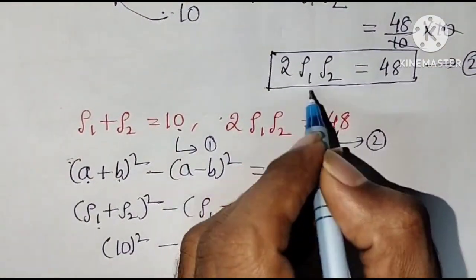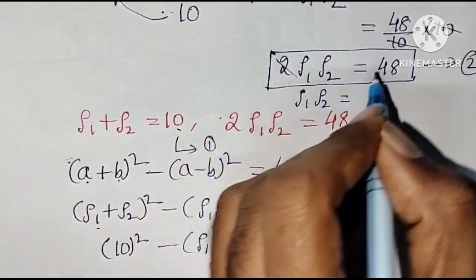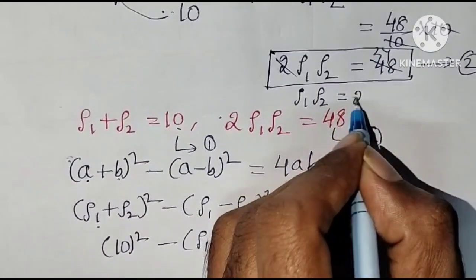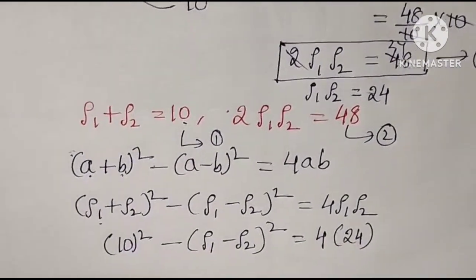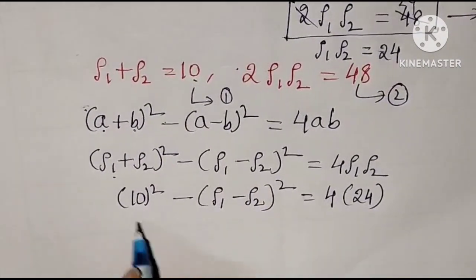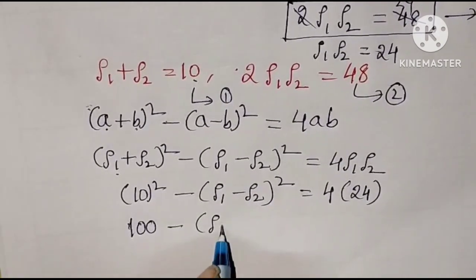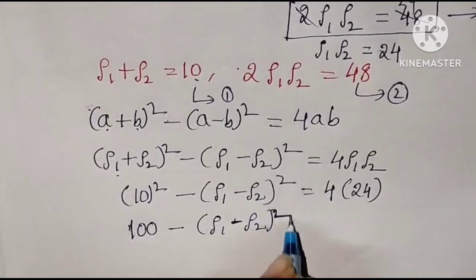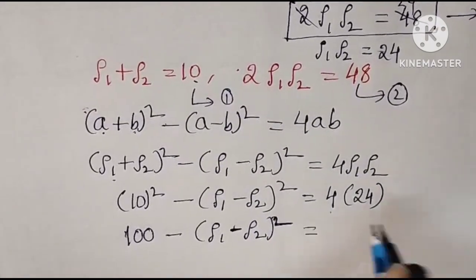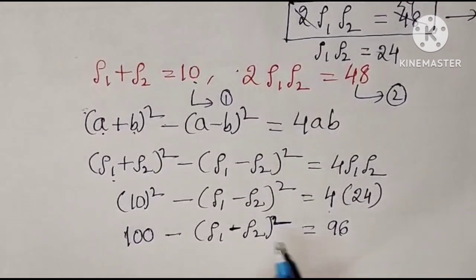From equation 2, rho 1 rho 2 is equal to 24. So 4 into 24 is 96, and 10 square is 100.